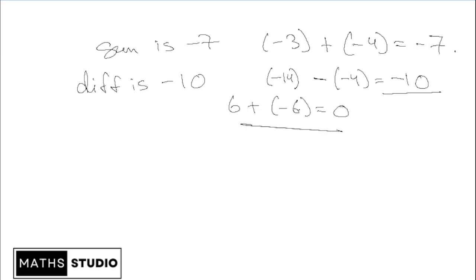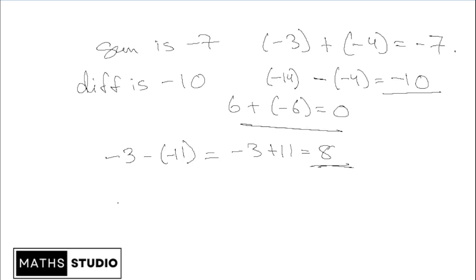Now the next question is write a pair of negative integers whose difference gives 8. Okay, so two negative numbers, so minus 3 minus of minus 11, so that would give me minus 3 plus 11, so that would give me 8. Okay. Now part B is write a negative number and a positive integer whose sum is minus 5.